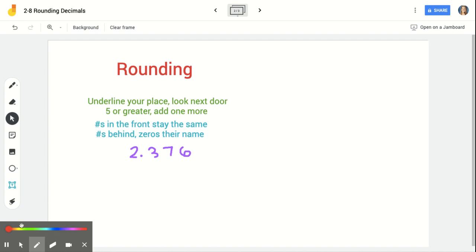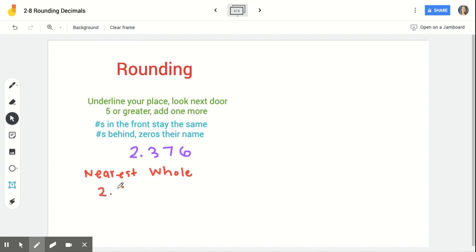Okay, rounding this number, let's round it to the nearest whole. So again, this is in your notebook. Copy this with me. Nearest whole number. So we're going to rewrite this number, 2 and 376 thousandths.